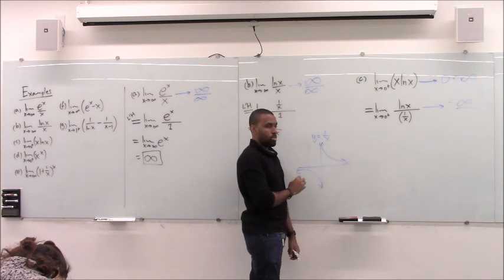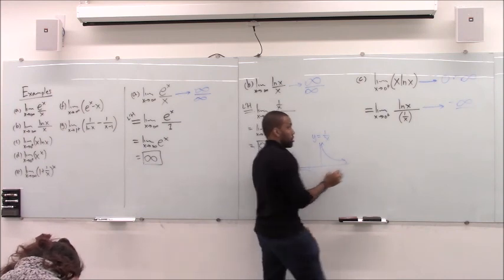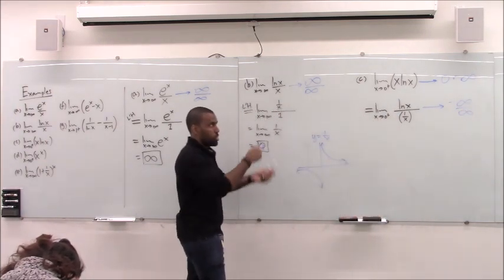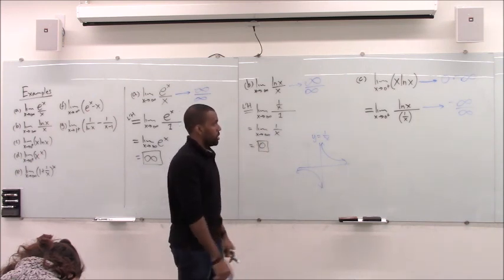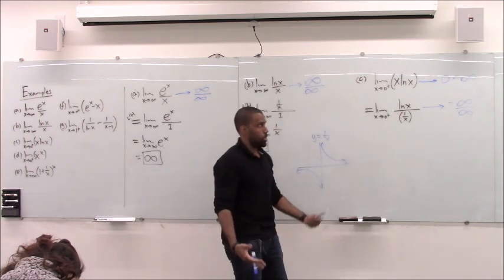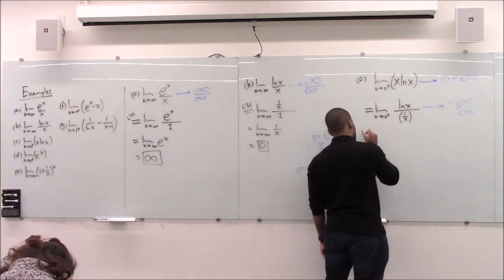As x approaches 0 from the right, what is that? Infinity. It's going to infinity. Okay. So by me doing this rewriting here, I get infinity over infinity. And hey, L'Hopital's can deal with that. So that's what I'm going to do.